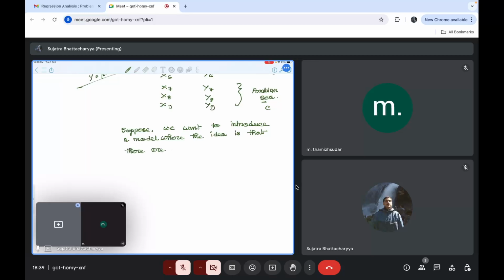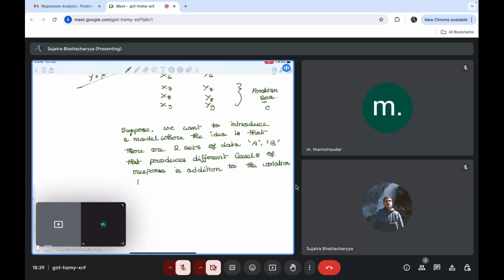Here we have three sets of data, so let us reduce it to two sets of data, let's say A and B, that produce different levels of response in addition to the variation that occurs due to other regressors.